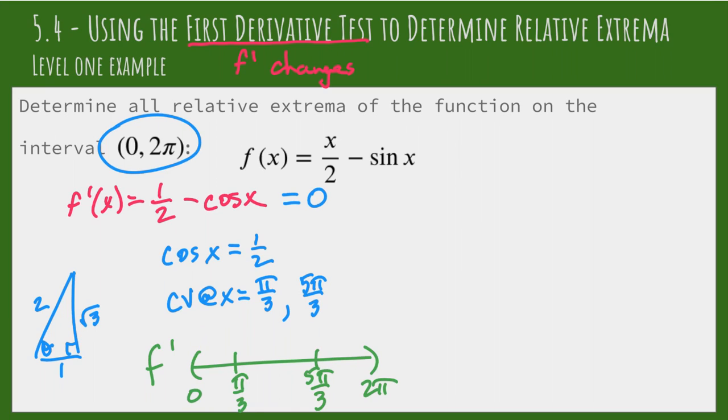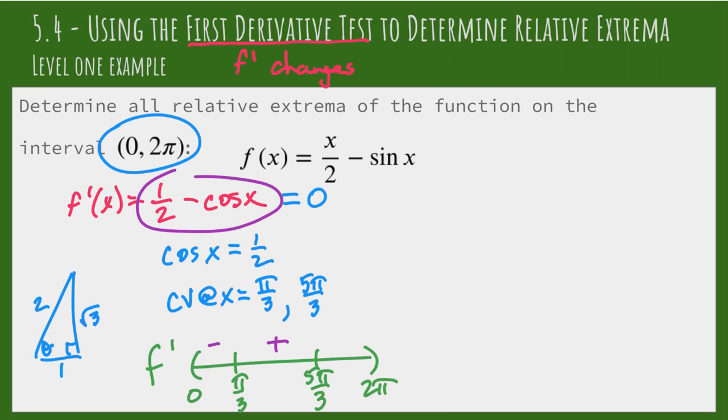So plugging 0 in to our derivative, cosine of 0 is 1. So we're going to have 1/2 minus 1. That's going to give us a negative value. If we plug in a number like pi over 2 on this interval right here, cosine of pi over 2 is 0. 1/2 minus 0 is 1/2. So this is going to give us positive.